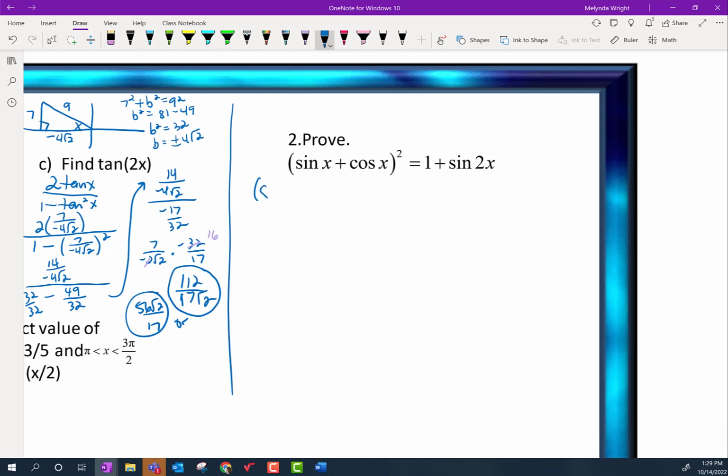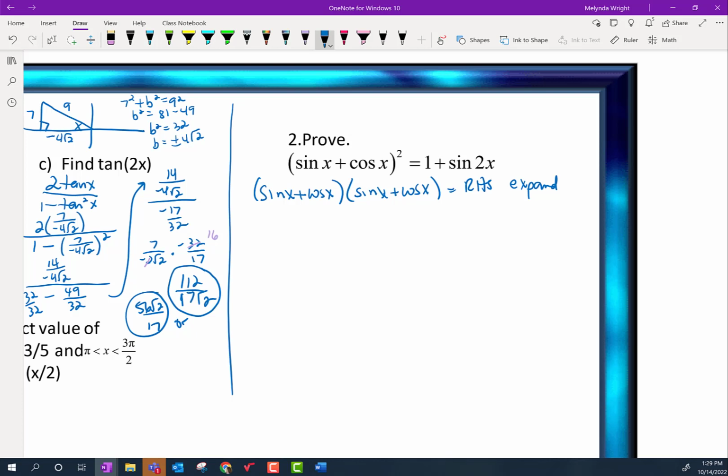Okay, so I'm going to do sine plus cosine times sine plus cosine equals right-hand side. And I'm just going to say expand. And this step you can actually skip, you know, if you wanted to just do that off to the side. I'm going to FOIL it out.